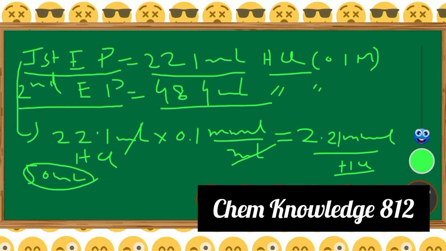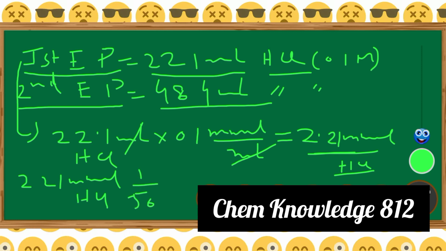So we take 2.21 millimole of HCl divided by the 50 ml sample.